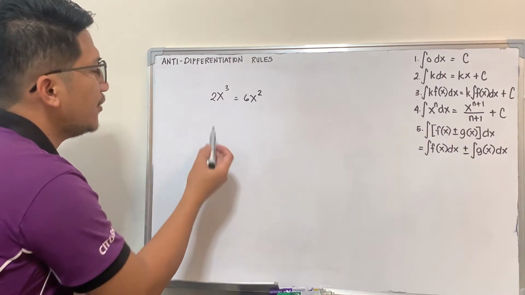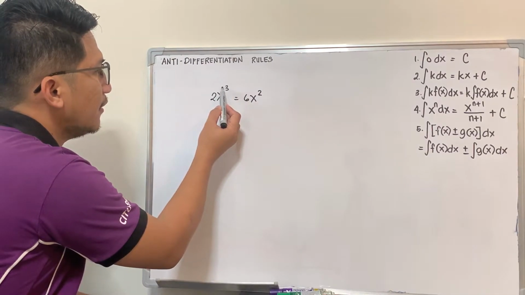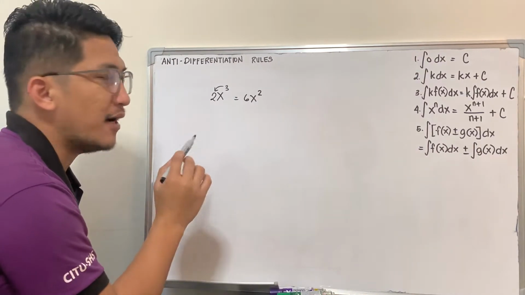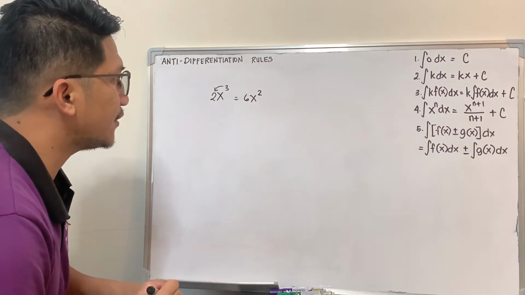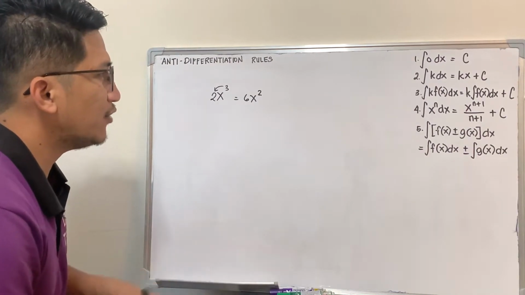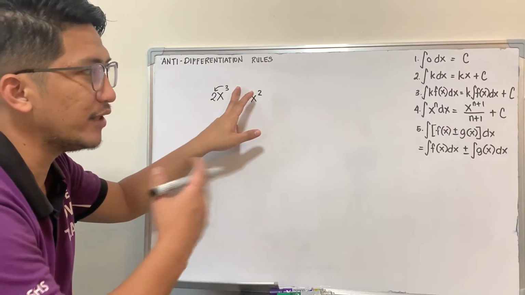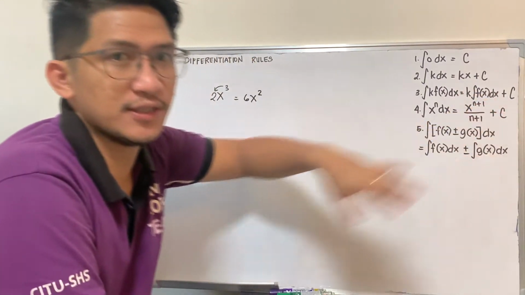So in that scenario, you first multiply, and then afterwards you subtract 1. Now since we do the reverse, the last thing you did was minus 1, so since we do the reverse, we add 1 first.